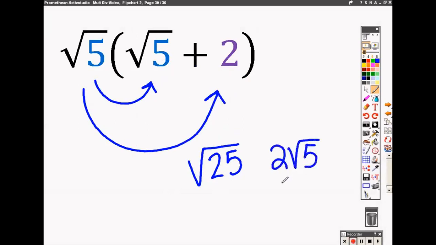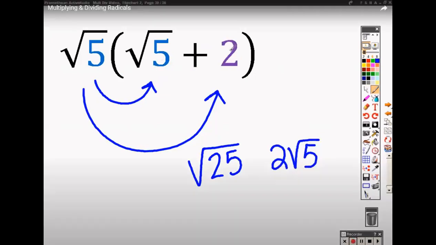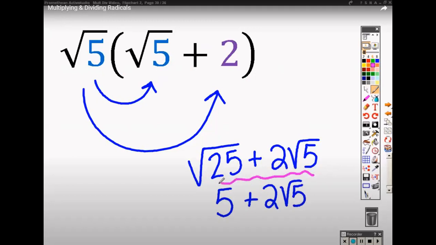And we will separate between them by plus because the sign here is positive. Those two we can't simplify more.